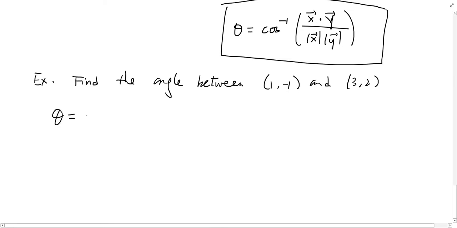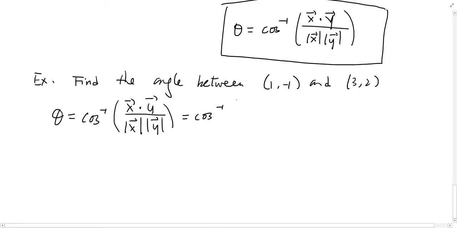Theta would equal cosine inverse of vector x dot vector y over the length of x times the length of y. In this case, I can call the first one x and the second one y. It really doesn't matter, the formula is symmetrical anyway.